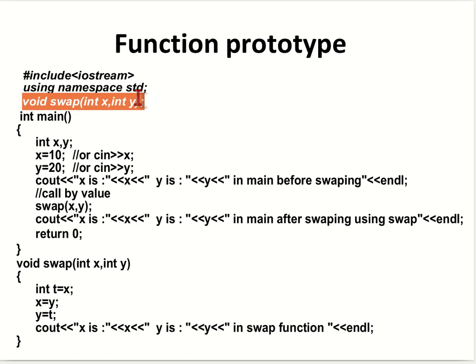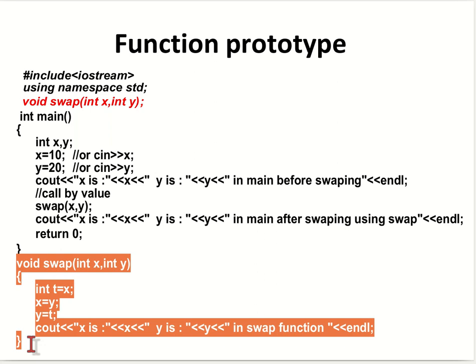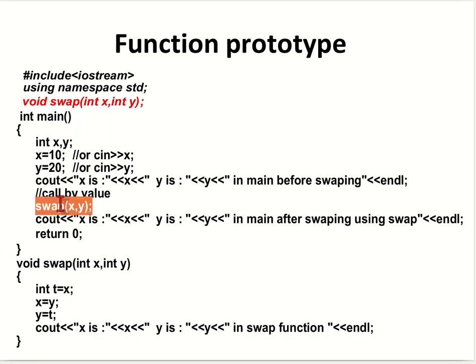If you mention the function return type, function name, and arguments with a semicolon, it is known as the function prototype. This is our function prototype, this is our function declaration and definition, and this is our function call. I hope you understood all the basics of the function components.